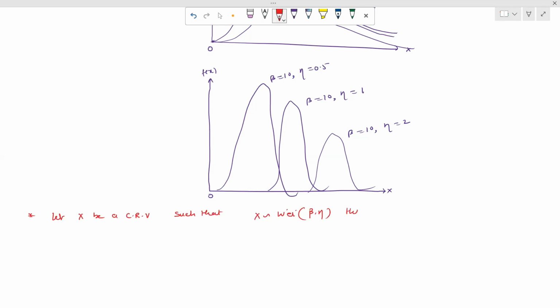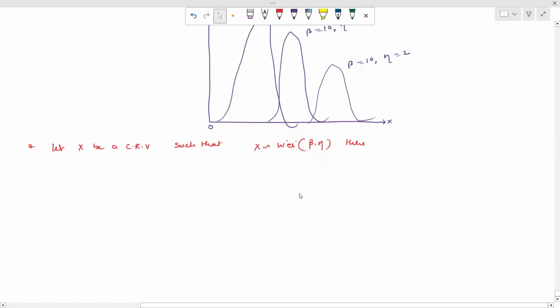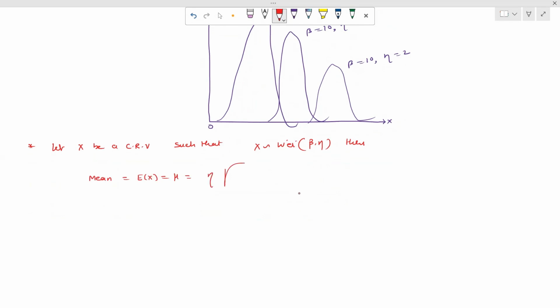Then we are going to obtain the mean and variance. The mean, denoted expectation of x or mu, of this distribution is eta times gamma of (1 plus 1 upon beta).